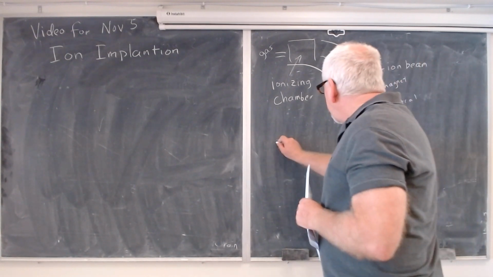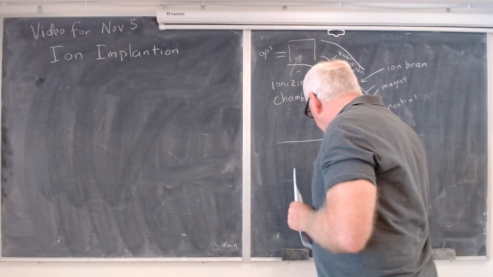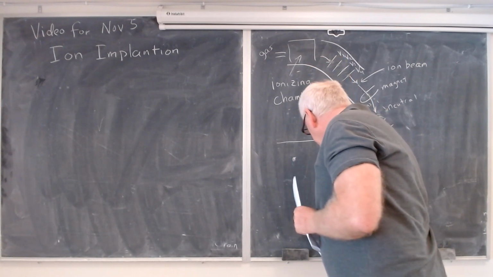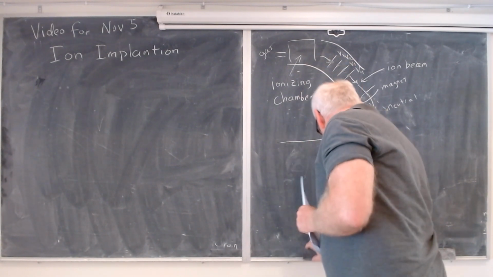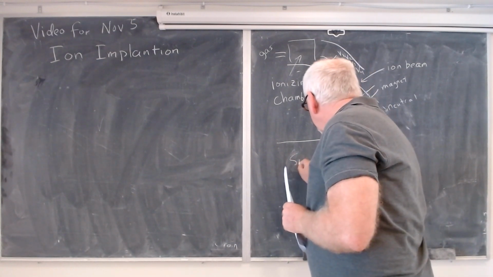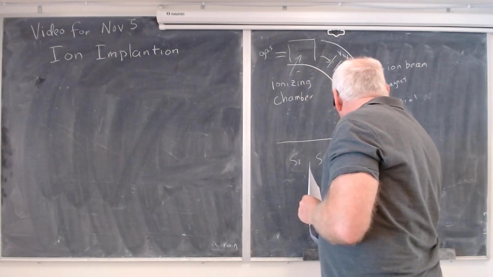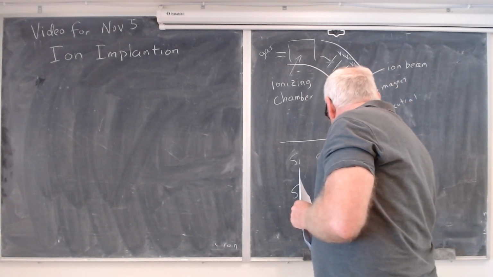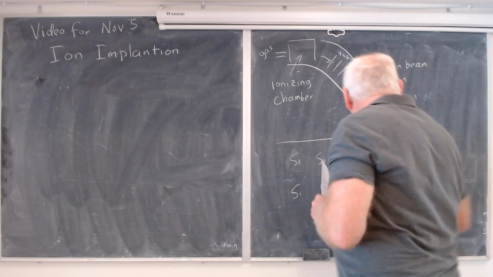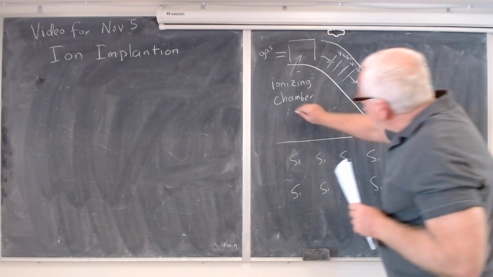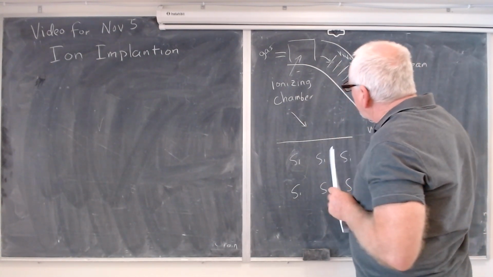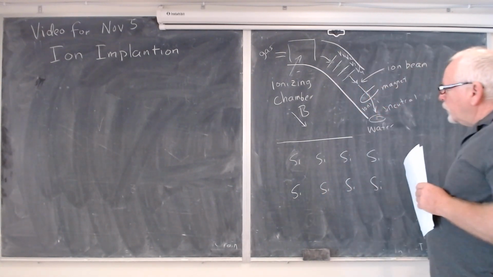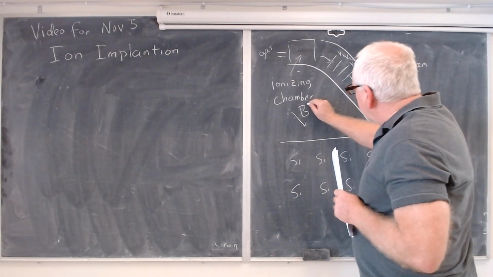Inside the wafer, let's look at silicon. We have a lattice, and you have, say, an ion beam of boron hitting the substrate.